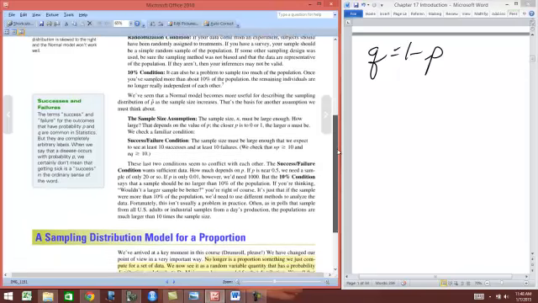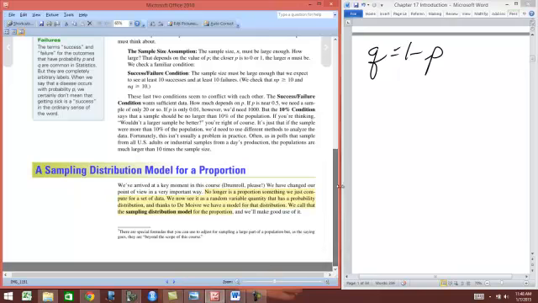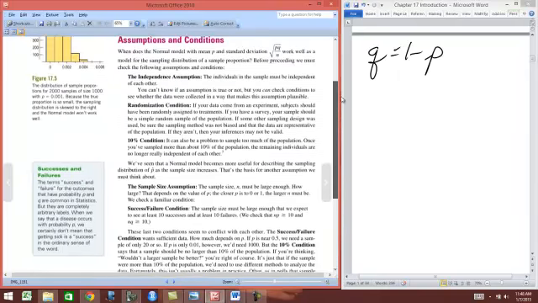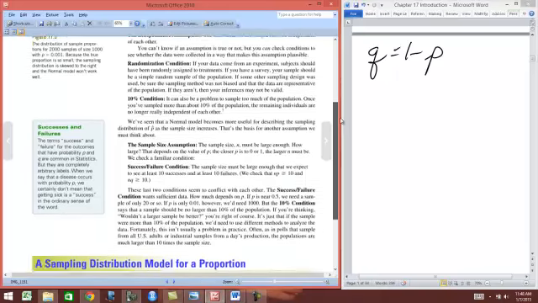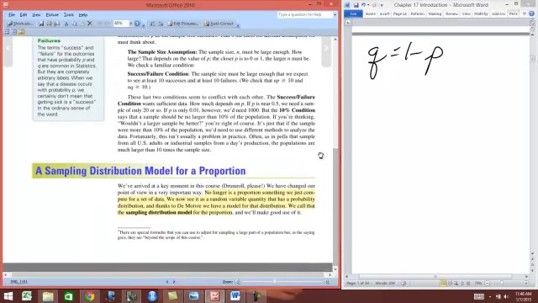Okay, now you just can't skip over this. You must prove specifically that each condition is met. All right.